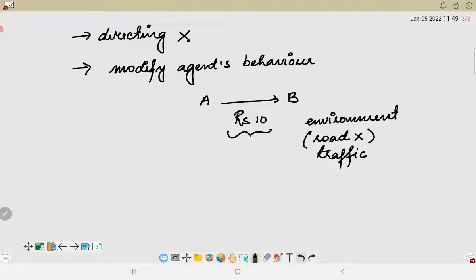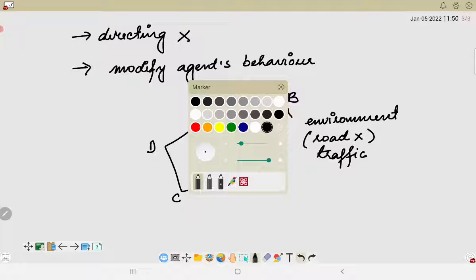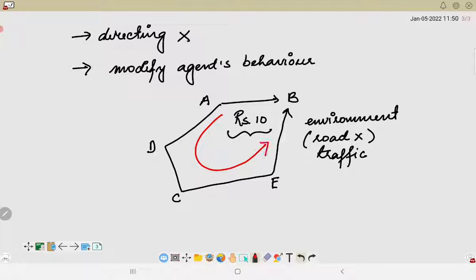Which might require me to follow a different path, let's say via A to D, C, and E. So if I'm supposed to take this particular path in order to reach B from A, this learning will actually modify the agent's behavior, or the agent's decision. Basically, not only behavior but the agent's decision would be changed because of learning in order to improve the performance.